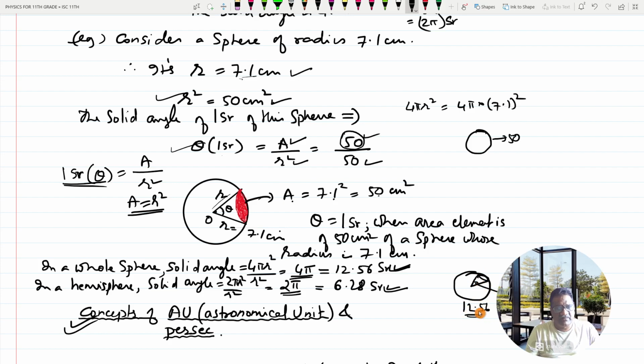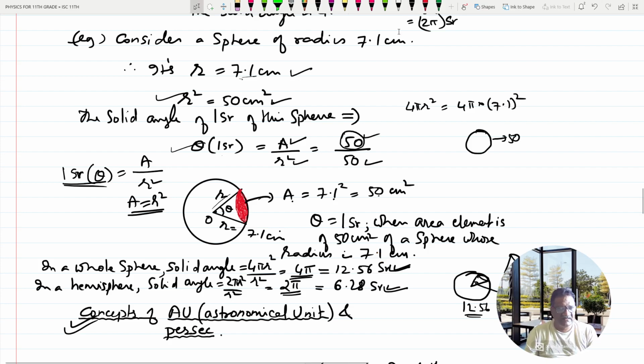So between 12 and 13 pieces you can remove. So this type of conical pieces you will get between 12 and 13. Or in other words, if you take 12.56 such cones and bring them together, you will get this sphere. Okay. So that is all about this steradian angle and the plane angle.